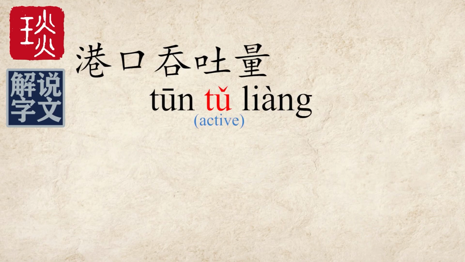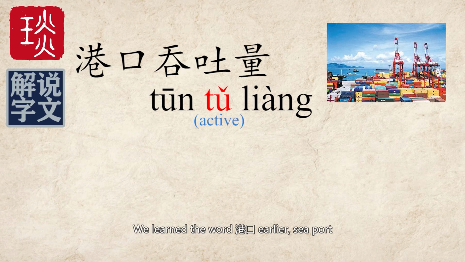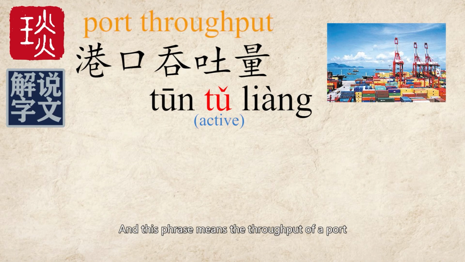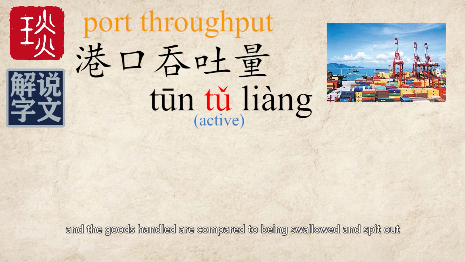港口吞吐量. We learned the word 港口 earlier, seaport. And this phrase means the throughput of a port. It compares a port to a mouth, and the goods handled are compared to being swallowed and spit out.